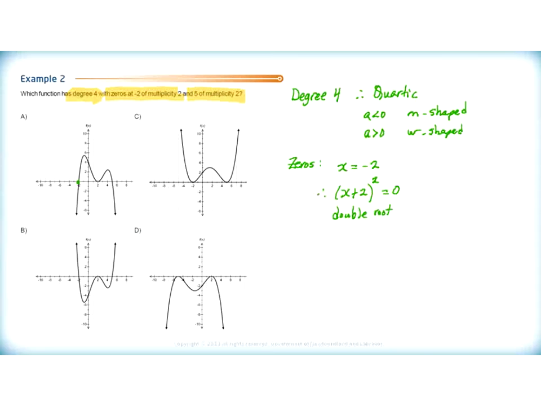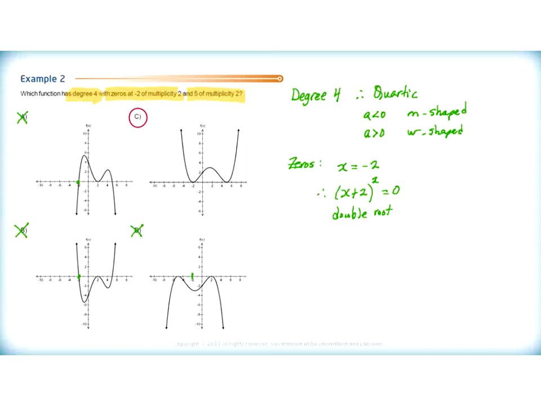Notice in part A we have a single root at negative 2, so that eliminates A as a multiple choice answer. Similarly, we have a single root at negative 2 in B, so that eliminates B as a multiple choice answer. And in D, we don't have any root at negative 2, so D is also eliminated. So the correct answer here has to be C.